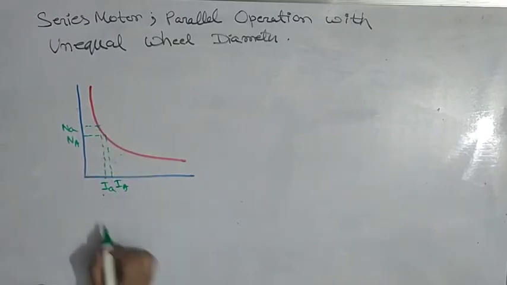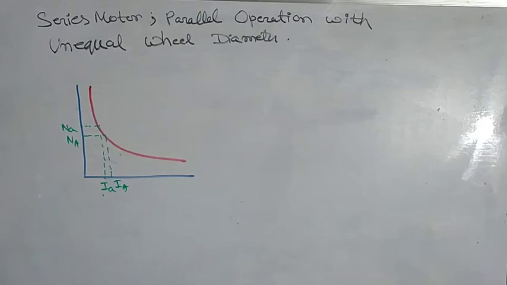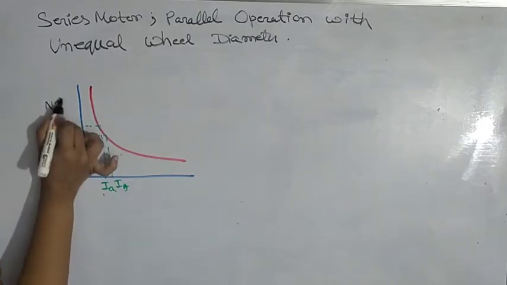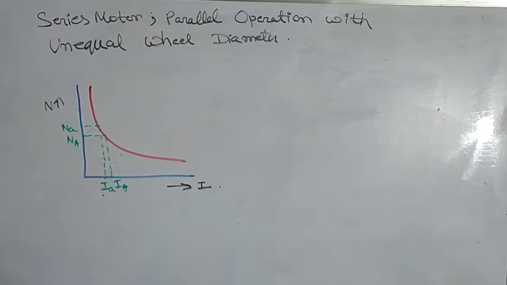This is the current of the first, and this is the current of the second, and this axis is the speed axis, and this is the current axis. This graph is the speed versus current graph.